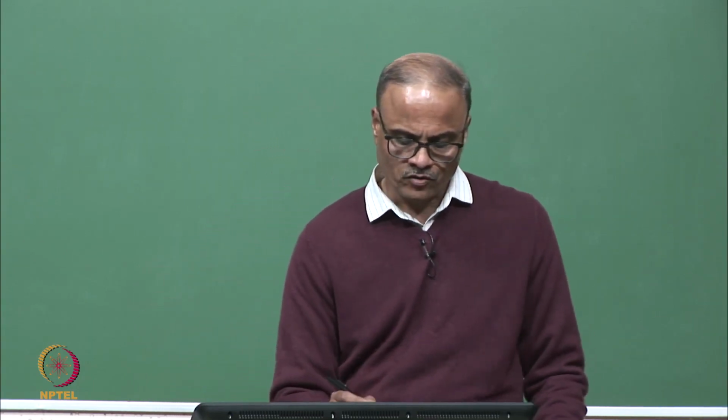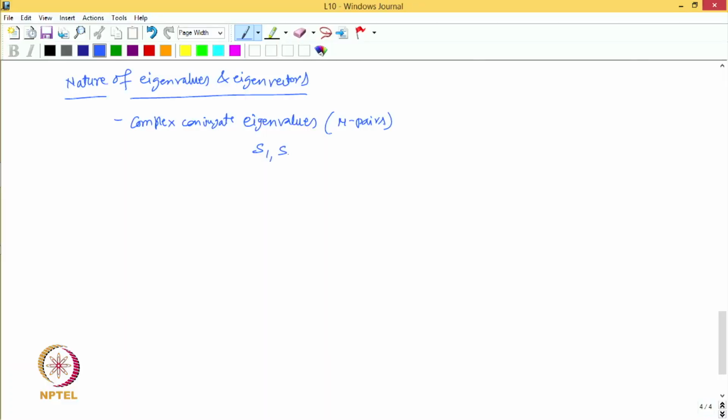Hence we can list the eigenvalues as S1, S2 going up to Sn, and then the next set of n eigenvalues are the complex conjugates of these first n eigenvalues, so we can write them as S1 star, S2 star going up to Sn star, and the corresponding eigenvectors are also complex conjugate, right.